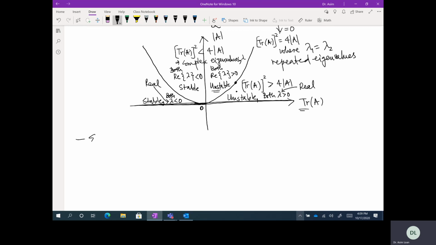So every symmetric matrix has real eigenvalues, and this is true whether the elements are real or complex, because b equals c.